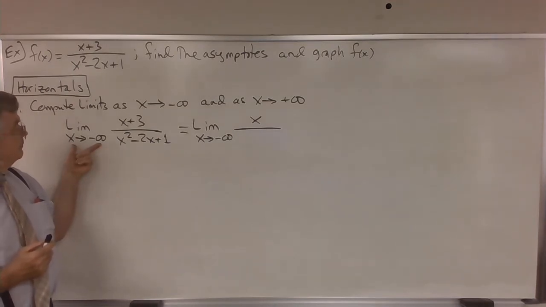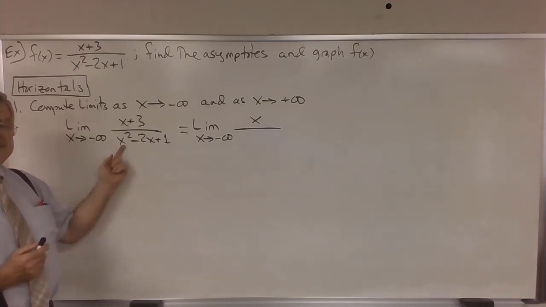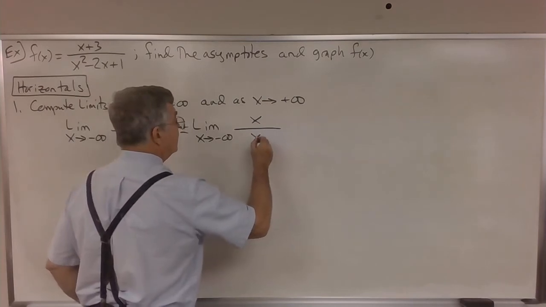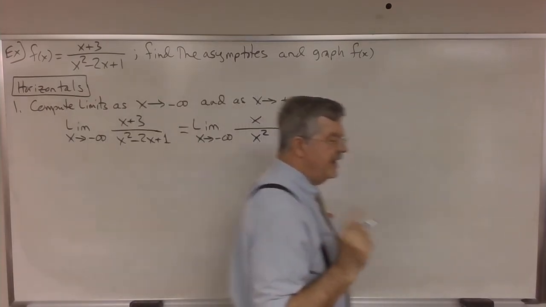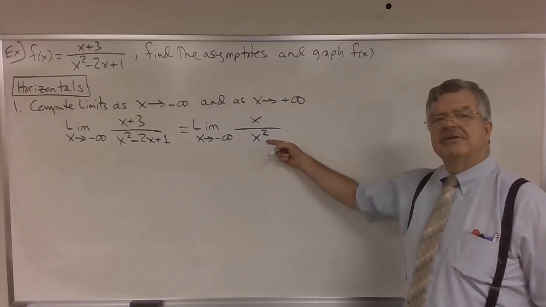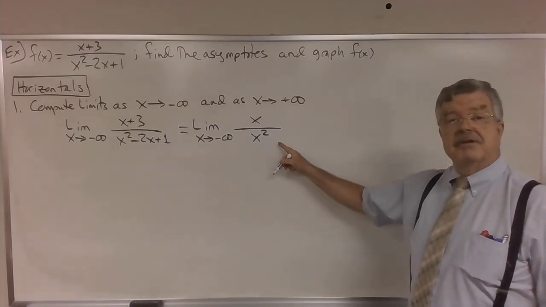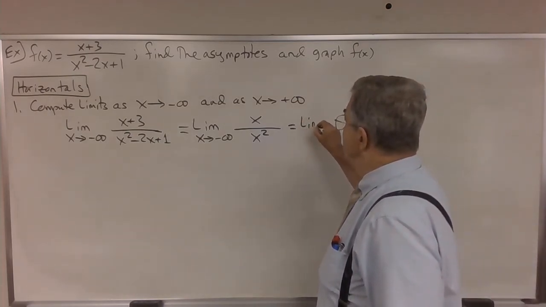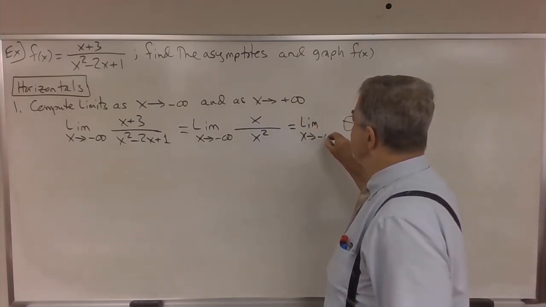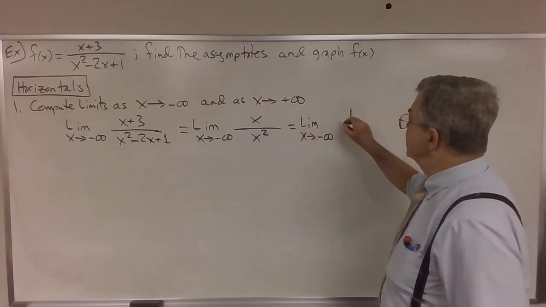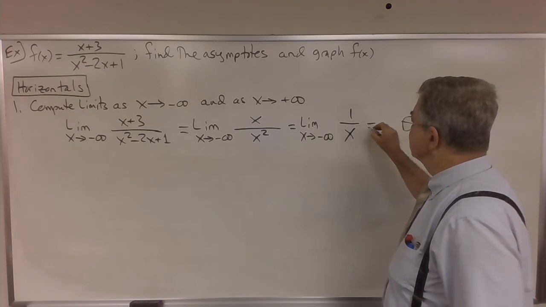So this is really what our function looks like. And we can simplify this, can't we? So we'll have the limit as x goes to negative infinity, cancel out the x's, and we have 1 over x.